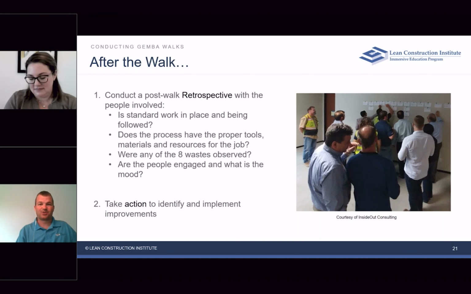After the walk, the retrospective isn't just you that observed or the few people that observed. It's everybody that was involved. If you videoed someone, they need to be in there. Whoever you observed needs to be in there to talk about what was observed. Again, we're getting those who do the work involved in helping improve the work. That's the goal of this, right?